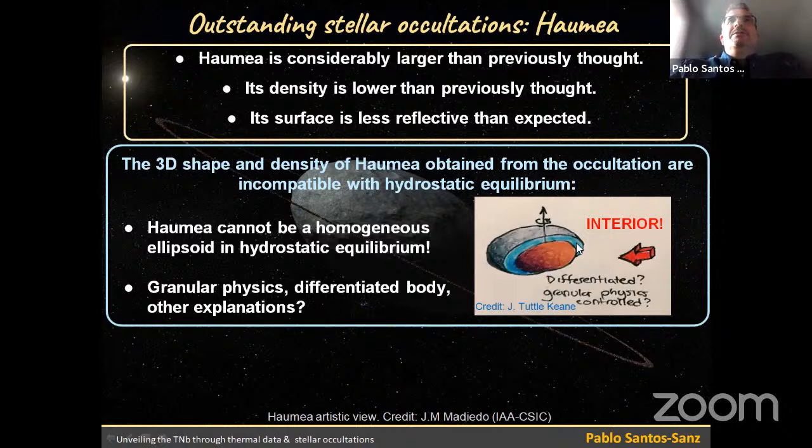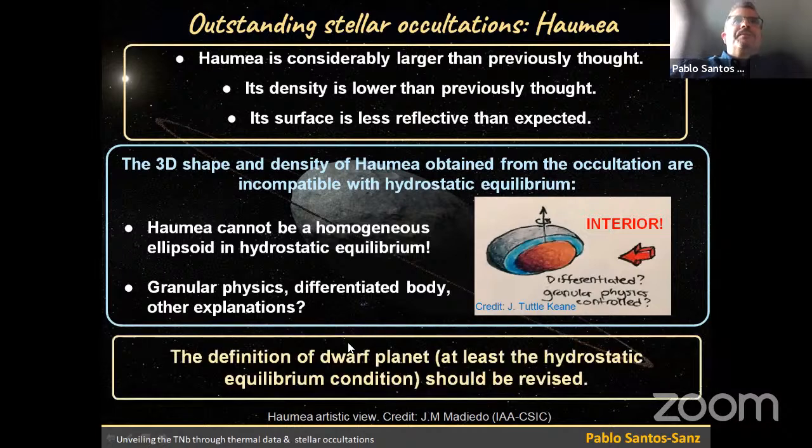This is good because this opens the way to obtain information about the interior of these bodies. Well, a byproduct is that the definition of dwarf planet, at least the hydrostatic equilibrium condition, should be revised.